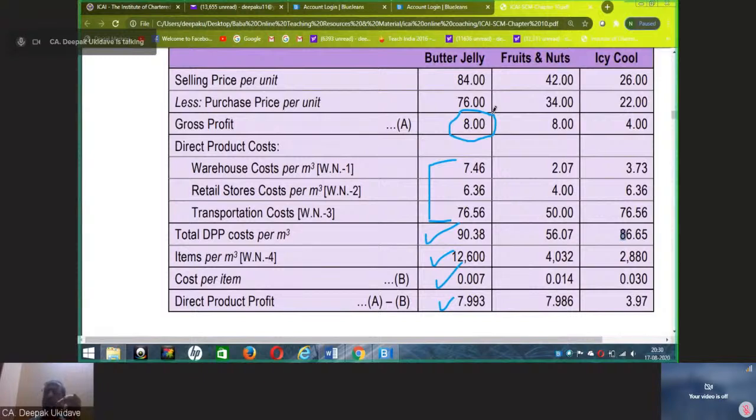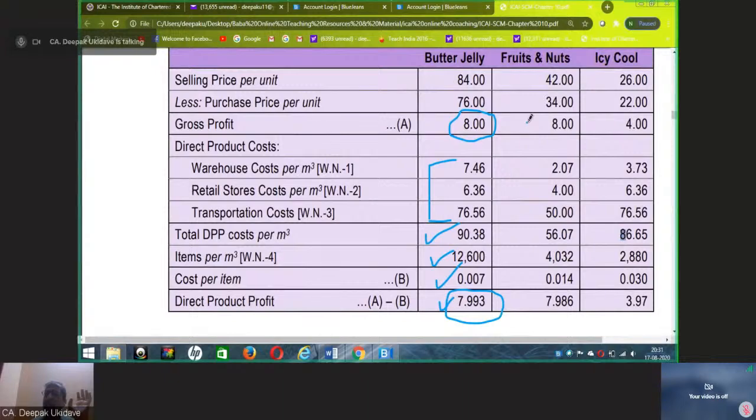But when you take the profitability to the bottom level and to the root cause, the profit is not 8 rupees, it is 7.993. Doesn't matter, a marginal difference, but we need to deduct those warehousing, transportation and retail store costs. It is very much essential for determining the correct profitability of the product. This is the message which you get from this case study.